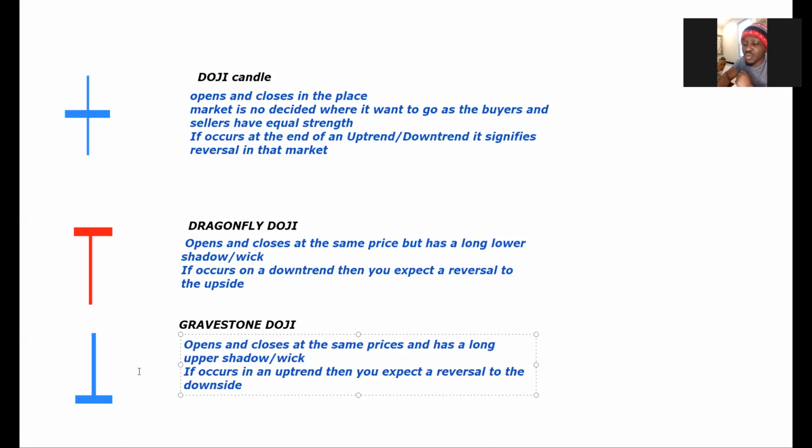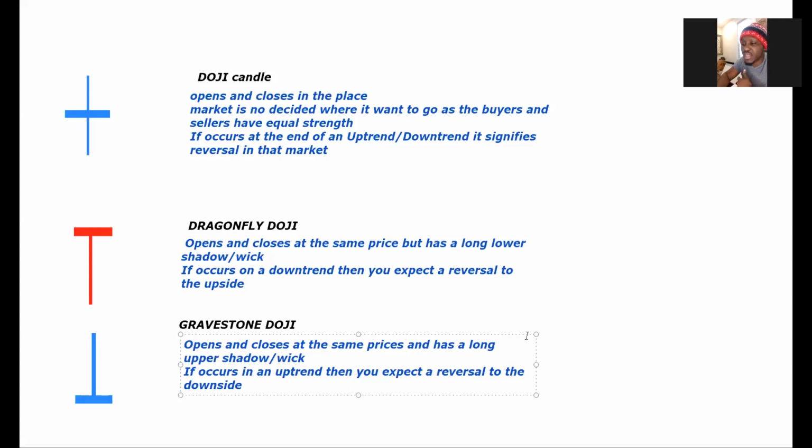And the question is, what happens if it occurs in a downtrend? If this occurs in a downtrend, then you are expecting a continuation of the same market. The same thing with this dragonfly doji: if it occurs in an uptrend, you are expecting a continuation of that market.